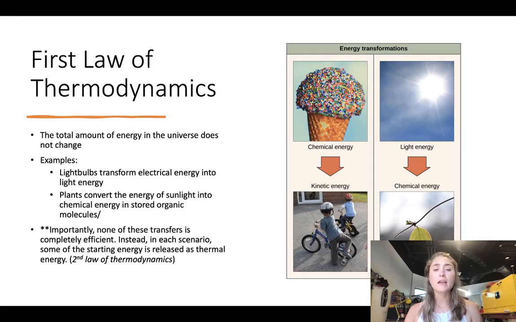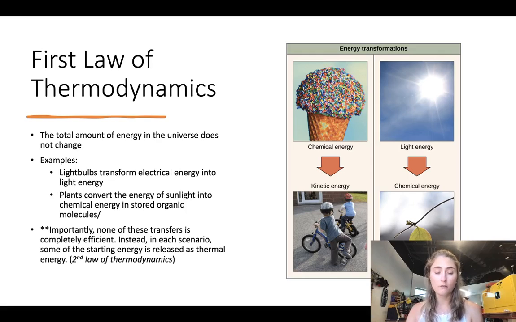And so, again, the example here: plants convert the energy of sunlight into chemical energy, into stored molecules. Living things can then eat those stored molecules. That energy then moves from the plants into the animal that consumed that plant, etc. The animal will then release that energy again in the form of cellular respiration as they start to move.